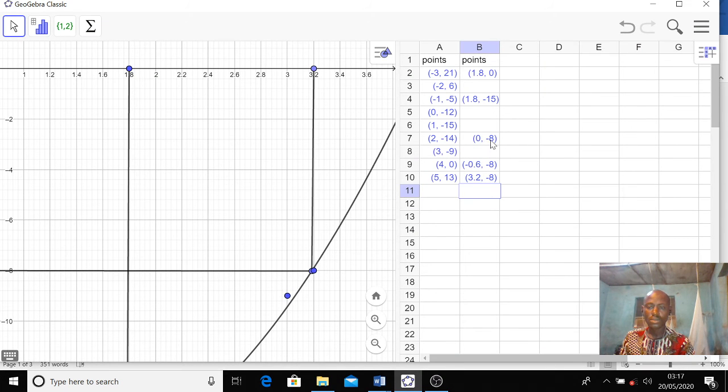So when y is minus 8, you're going to get minus 0.6 and 3.2. When x is equal to 1.8, you are going to get minus 15.